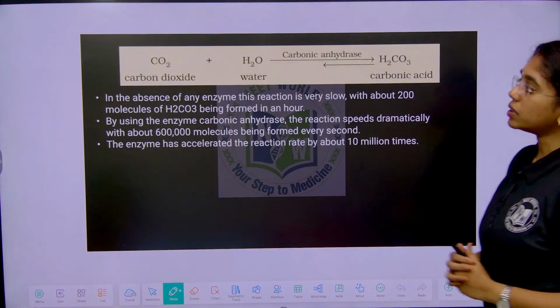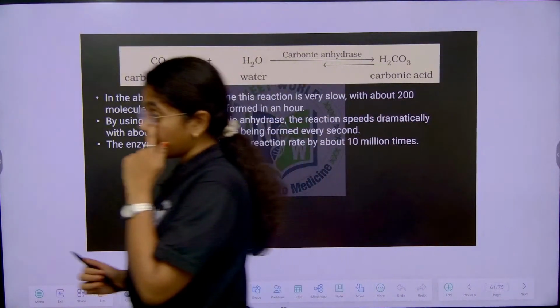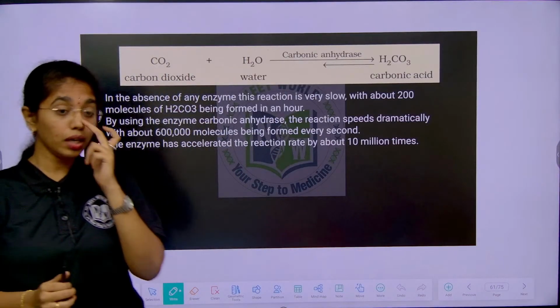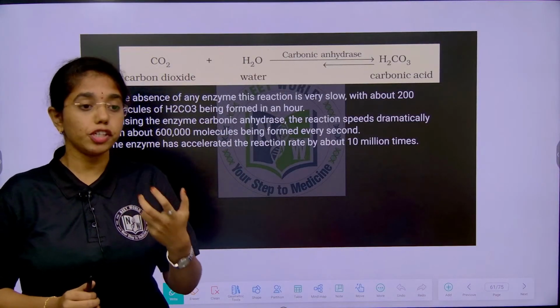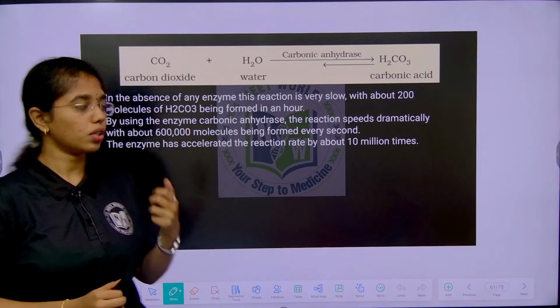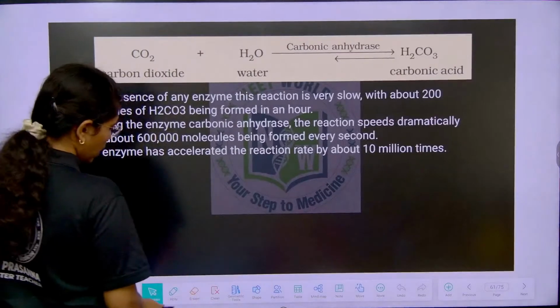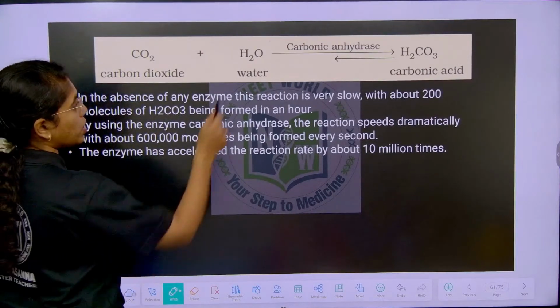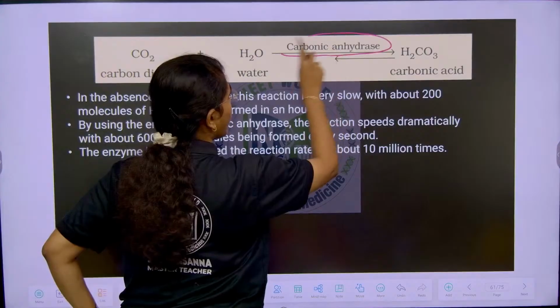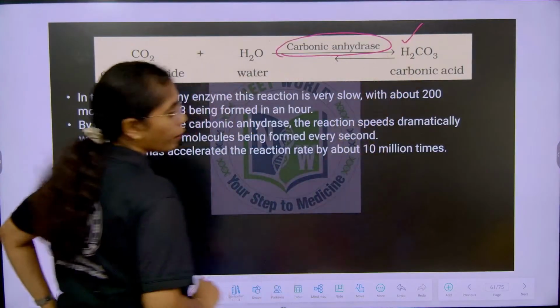Now, what is the role of enzyme activity? We have discussed that it improves the speed, the efficiency and the rate of a reaction. For example, this is mandatory to remember, given in your NCERT: carbon dioxide and water, in the presence of the enzyme carbonic anhydrase, form what? Carbonic acid.